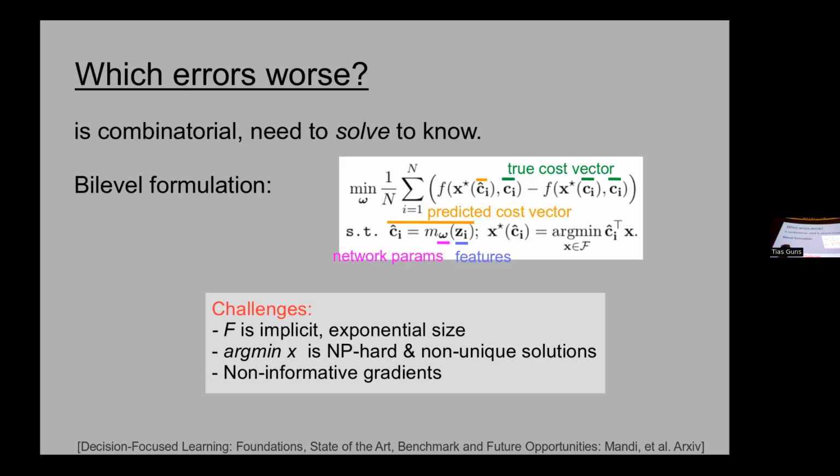So we can formulate this as a bi-level problem. I tried to make it more readable. I don't think I succeeded. But so the orange part is the predicted cost vector, so C hat, which uses the network parameters in purple and the features in blue. And based on that, we're going to compute what is the cost.